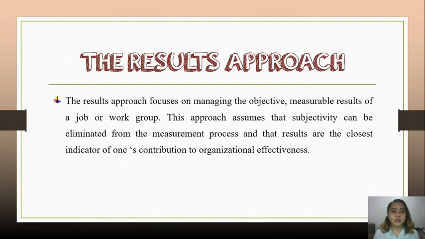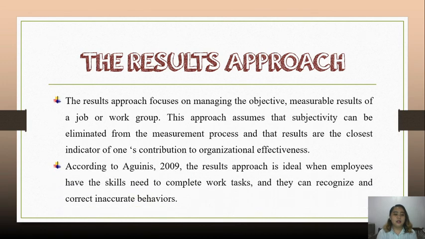The result approach focuses on managing the objective, measurable results of a job or work group. This approach assumes that subjectivity can be eliminated from the measurement process and the results are the closest indicator of one's contribution to organizational effectiveness. According to Aguilar 2009, the result approach is ideal when employees have the skill needed to complete work tasks.